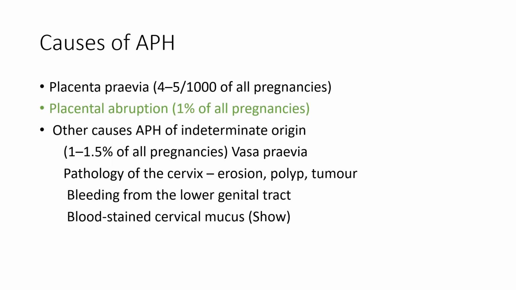Placental abruption has an incidence of 1% of all pregnancies. Other causes of APH are of indeterminate origin. So it can be vasa previa. What is vasa previa?